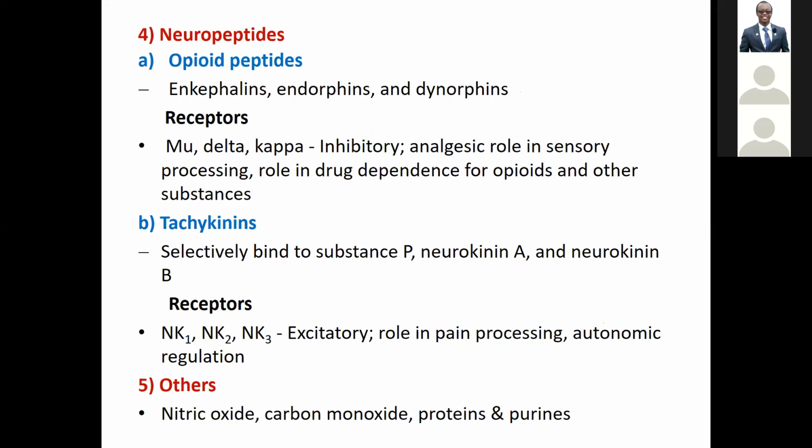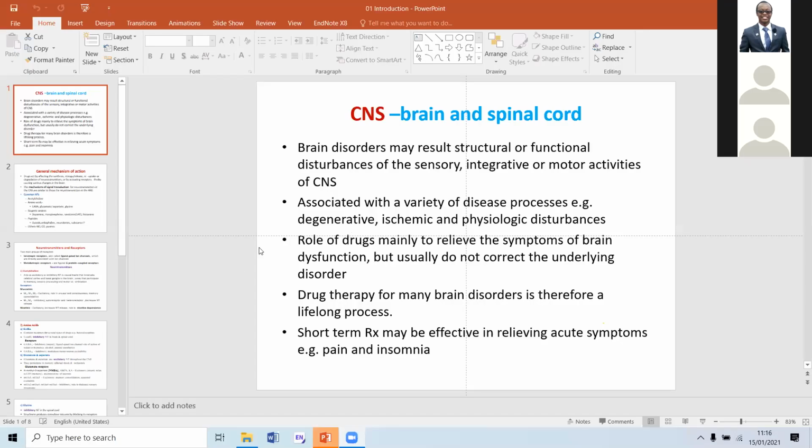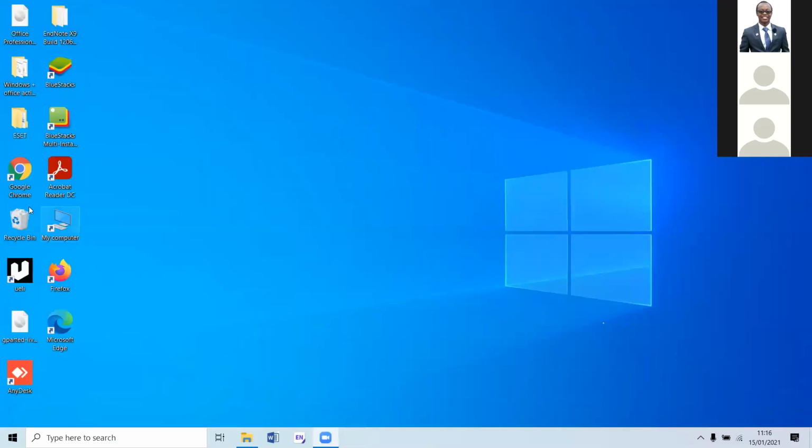Neuropeptides: enkephalins, endorphins, dynorphins, etc. Again, we've been through this in respect to pain management. Tachykinins, again, there are new drugs being developed that focus on these neurotransmitters. Are there any questions up to that point?